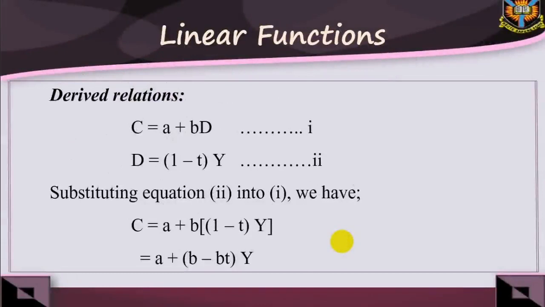Derived relations. C equals a plus bd as equation 1, d equals (1 minus t) times y as equation 2. Substituting equation 2 into 1, we have c equals a plus b multiplied by (1 minus t) of y, which equals a plus (b minus bt) times y.